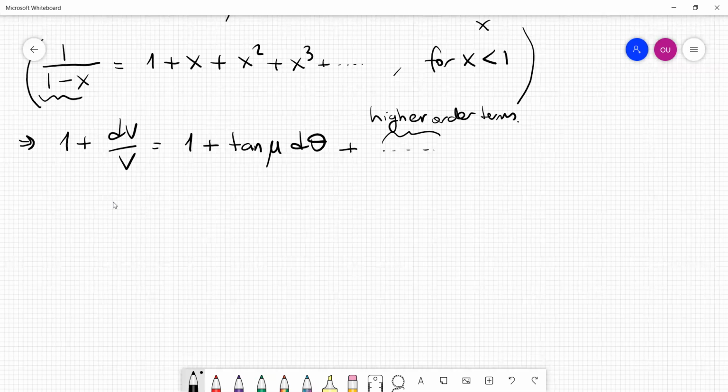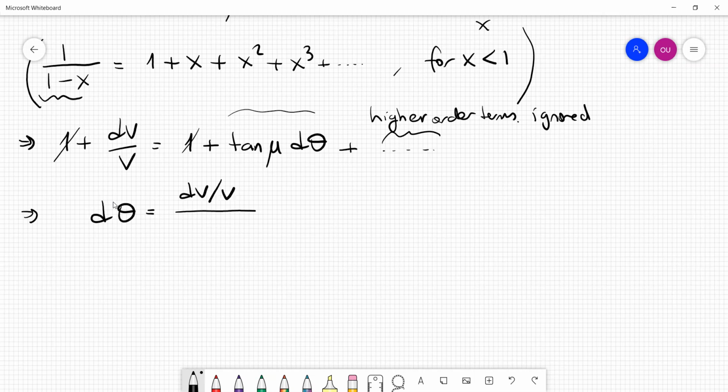They will be quite small compared to 1 and compared to the second term, so they can be ignored. Higher order terms ignored. So basically then, 1 cancels this one. We get a relation for d theta, which is equal to dv over v divided by tangent mu. Let's call this equation 4.